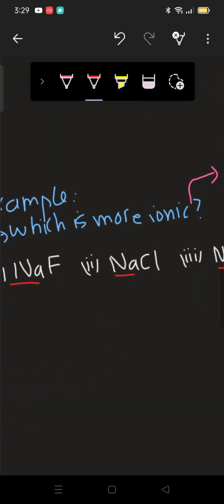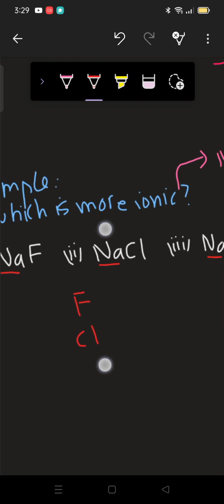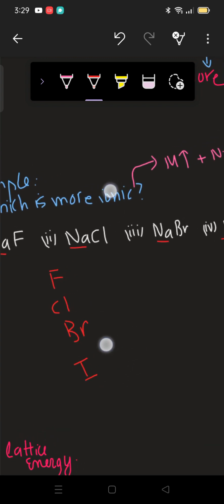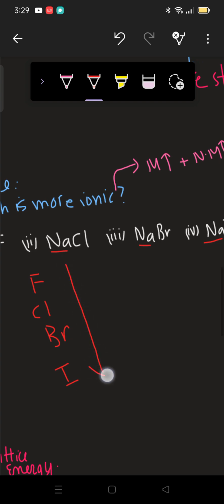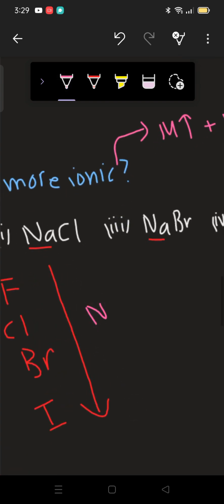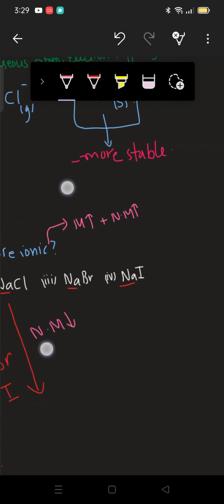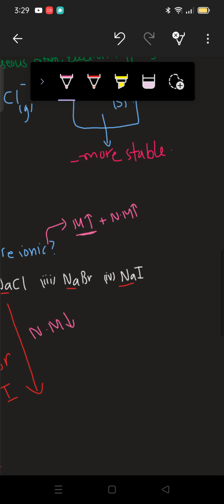So see, fluorine, chlorine, bromine, iodine all belong to one group, and we know that from up to down the non-metal character decreases, because down the periodic table you find more metals but not non-metals.